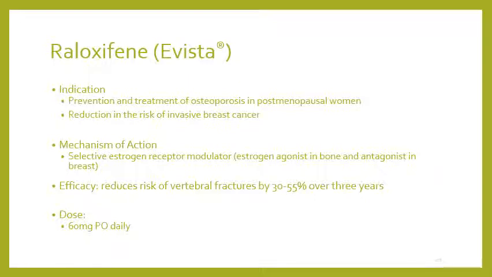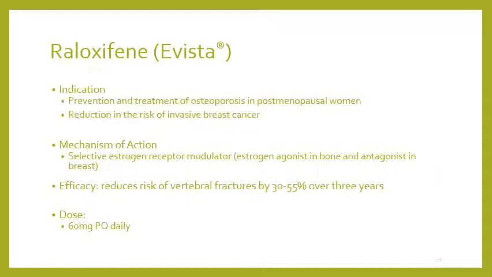Raloxifene is another medication that can be used in the prevention or treatment of osteoporosis in postmenopausal women. This medication is also used to reduce the risk of invasive breast cancer. It is in the SERM class of medications, and it's been shown to reduce the risk of vertebral fractures by anywhere from 30 to 55% over 3 years.